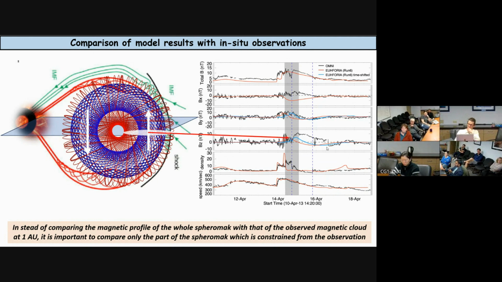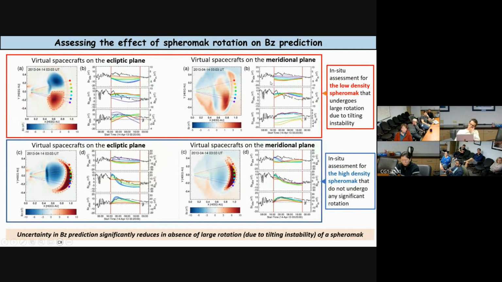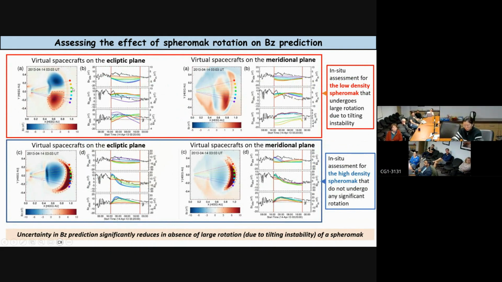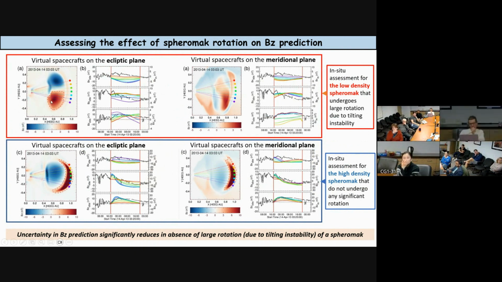So it is shown here. For the uncertainty analysis, what we have done is place a plane on the ecliptic plane, and the colors show the north-south component of the magnetic field.